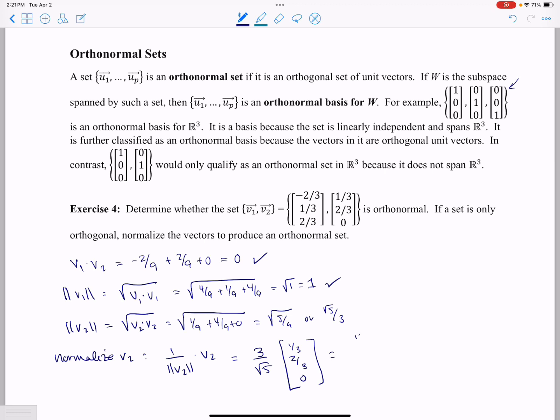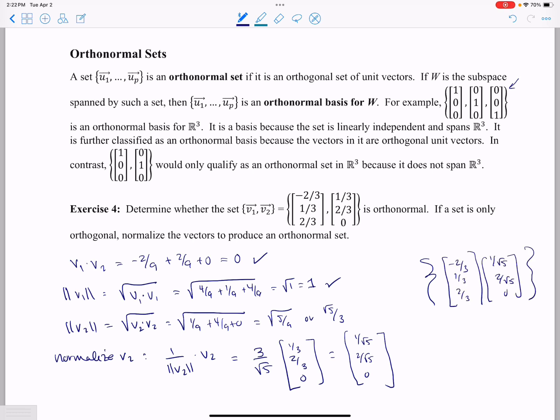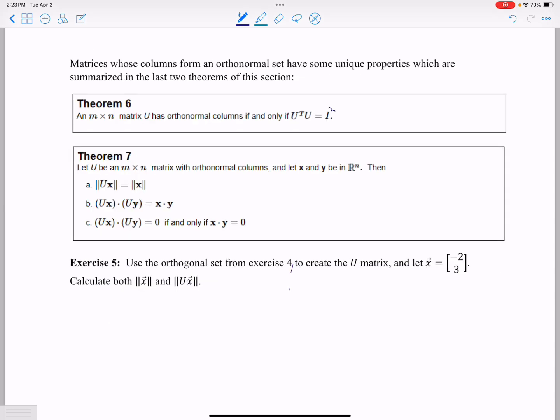So I get (1 over root 5, 2 over root 5, 0). If I replace that second vector, this is an orthonormal set. It is not an orthonormal basis for R3 because there's only 2 vectors, but it is a basis for a 2-dimensional subspace.